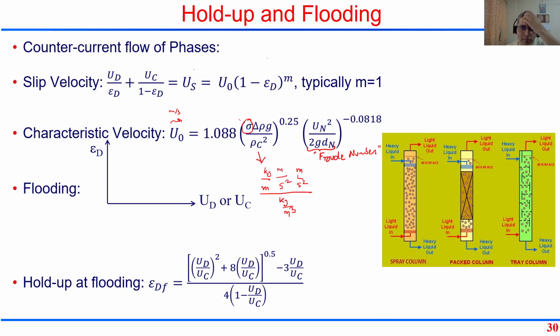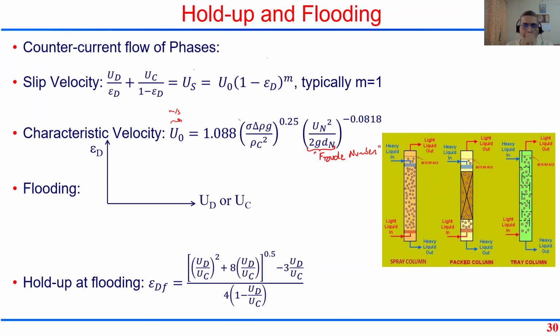So kgs can go away, 1 meter can go away. I will be left with meter square in the numerator. So this will become meter raised to 4 second raised to 4, raised to 0.25, raised to 1 by 4. Then this U0 will have units of meters per second.